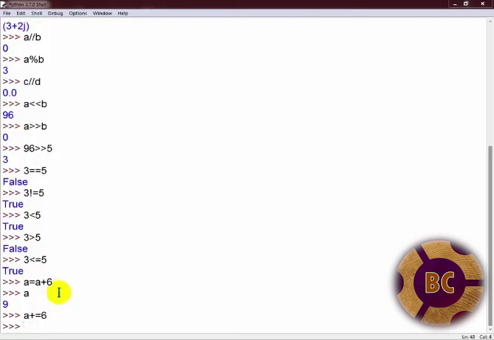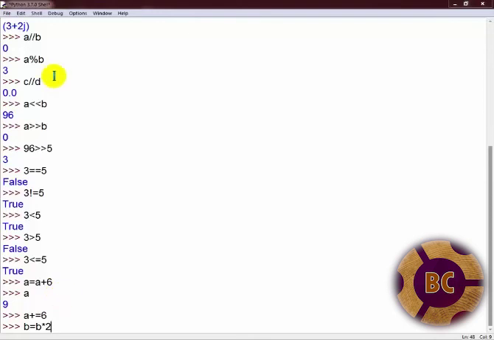Let's take another example on, for example, multiplication. For example, B will equal the last value of B multiplied by 2.